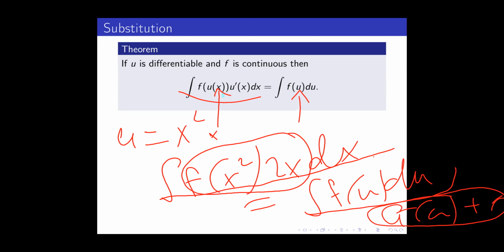So what this formula means is that you have to use the relationship between u and x.